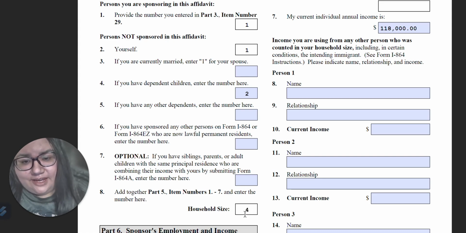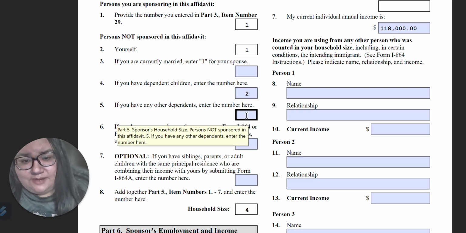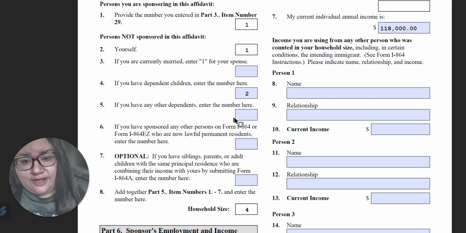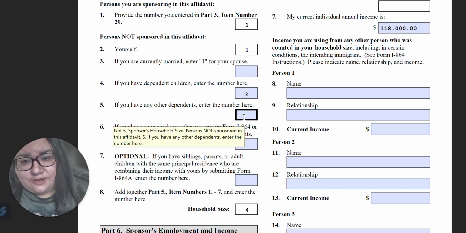So moving along, it's going to ask for 5 if you have any other dependents. This is where you would put any dependents that are listed on the most recent tax return. So you're going to look at the petitioner's most recent tax return and see if there are any dependents that have not been taken into account. So for example, let's say Jose had a younger brother, and his younger brother was living with him and he was providing for his younger brother.